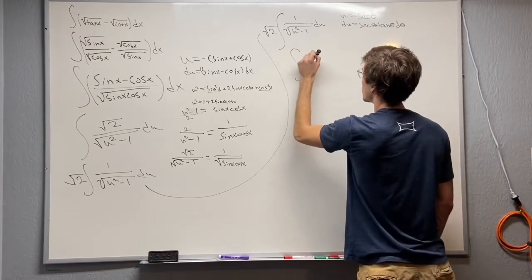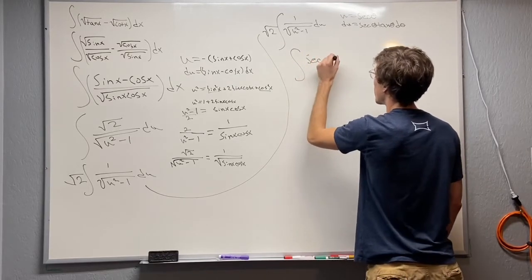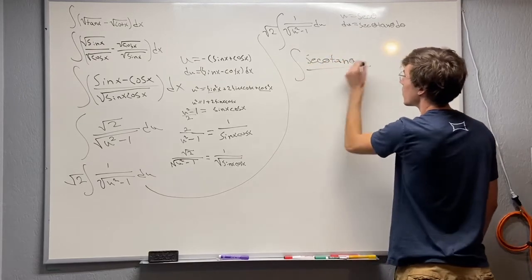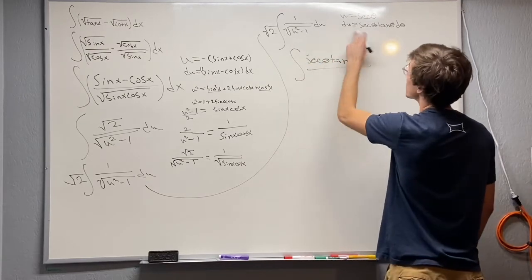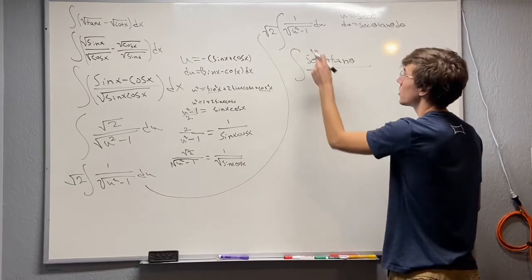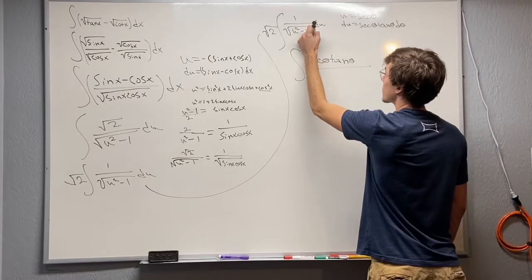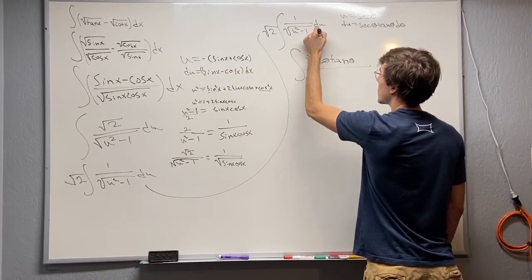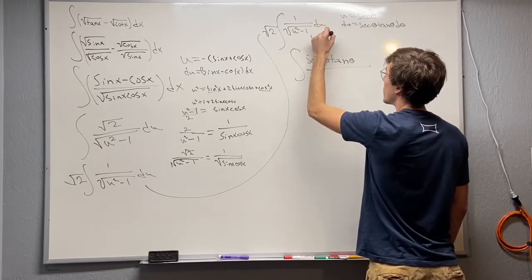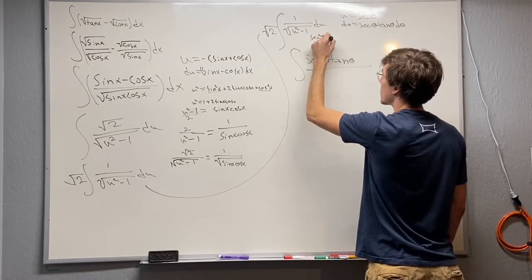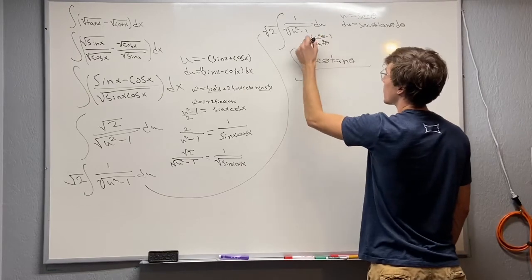And so when we plug that in, the du is going to come on the top, so secant of theta tangent of theta over, u is going to be secant, so we're going to have secant squared of theta minus 1, which is also equal to the tangent of theta squared.